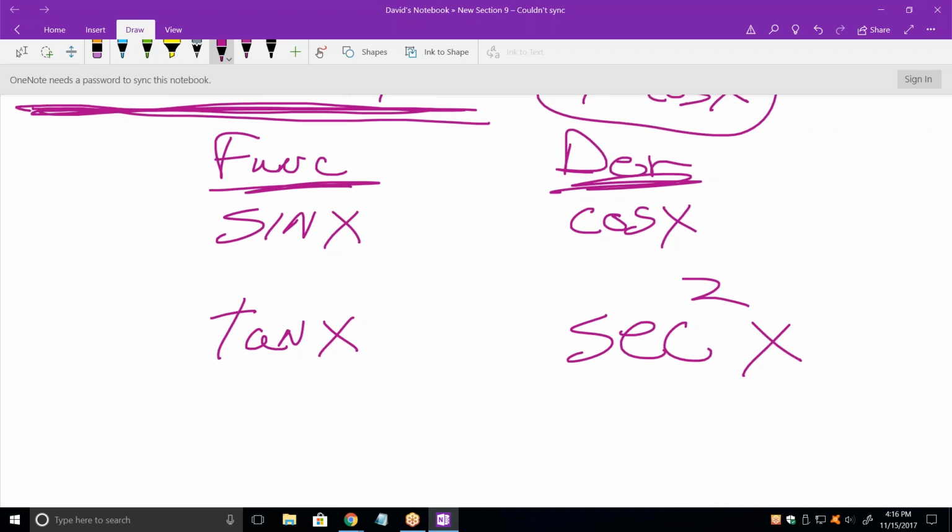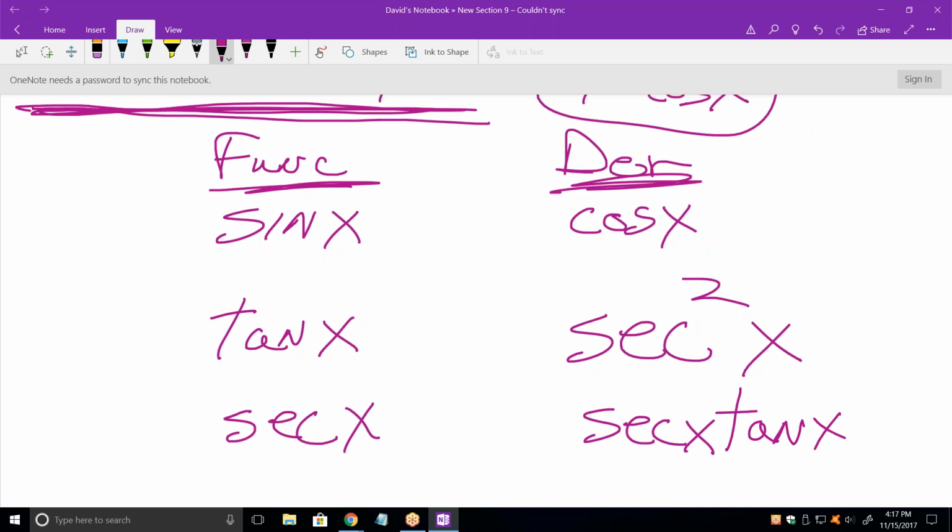And the last one that you really have to memorize is secant. And the derivative of secant is secant tangent. Okay? So memorize that, and that. And then I'll show you how to get the other three easily.